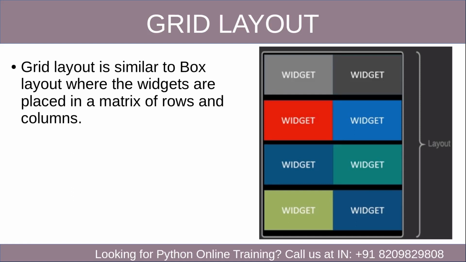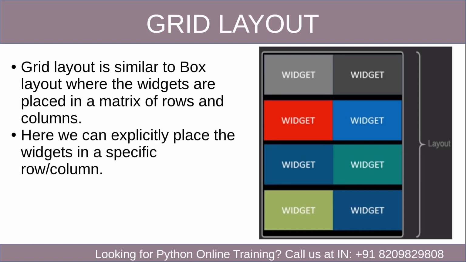This is similar to a box layout. Today we are going to see how you can place the widgets with respect to rows and columns, and how Kivy allows you to do that. Here you can also explicitly place the widgets in a specific rows and columns format. So this is all about the grid layout.